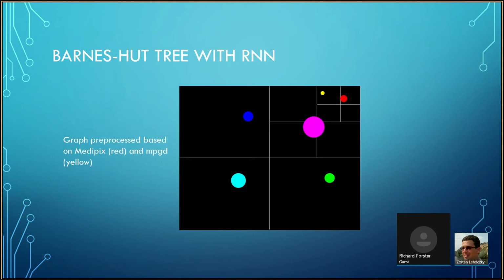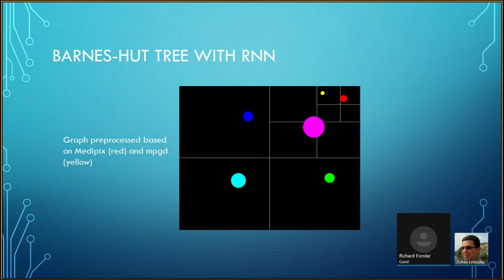So in this case, we have a preprocessed graph that is based on the Medipix and the MPGD algorithm. So we have decided to, in this case, move 2 nodes. They were on the bottom left corner from the pink nodes. Now both of them are in the top right in the hot zone.